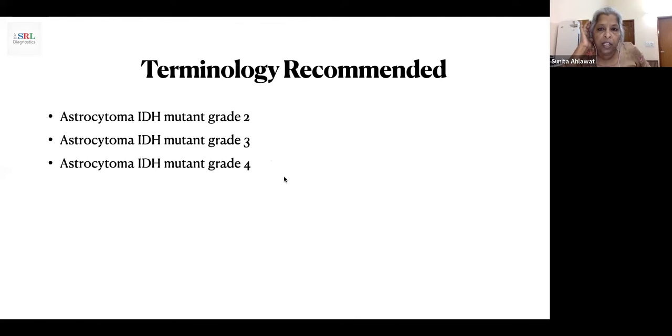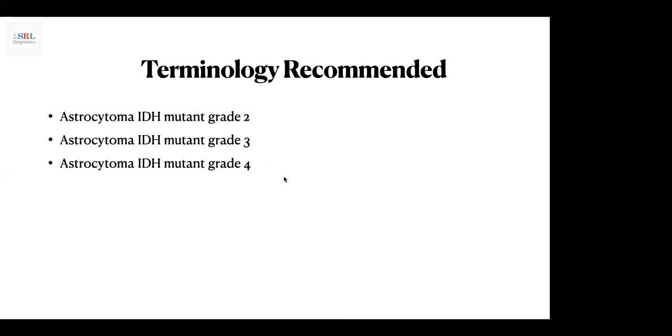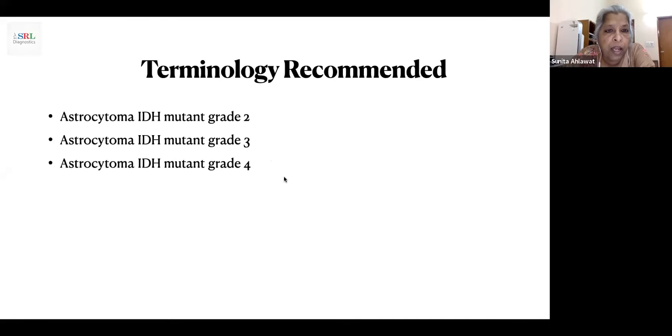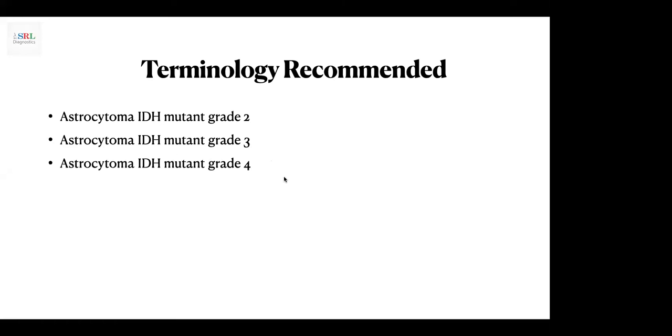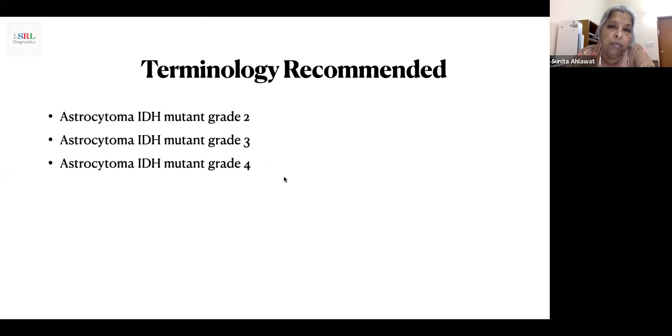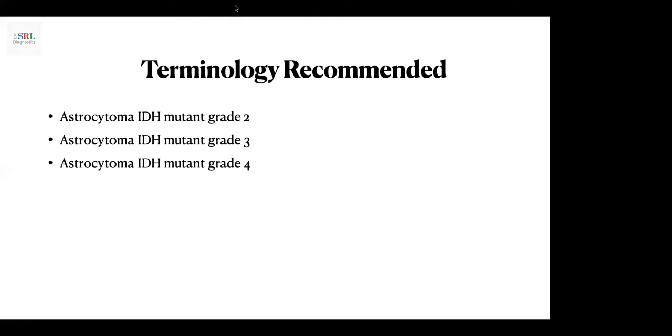For us to be accurate and recognized in the professional fraternity, we must follow the terminology as per the guideline provided by WHO. It is easy to publish and to discuss when we follow the standard guideline of nomenclature.